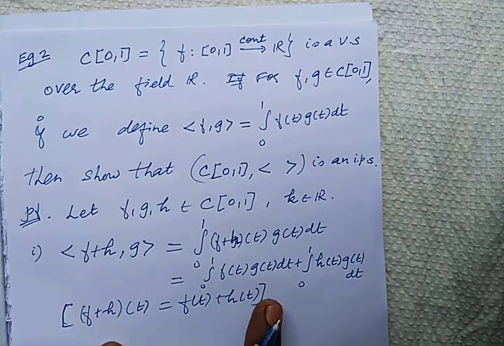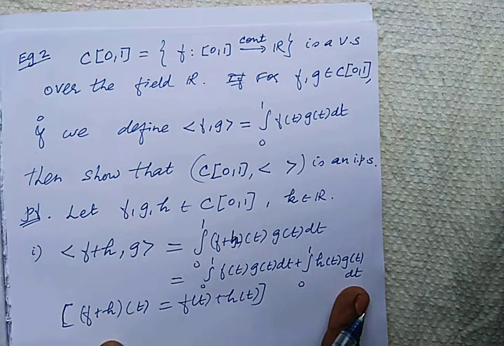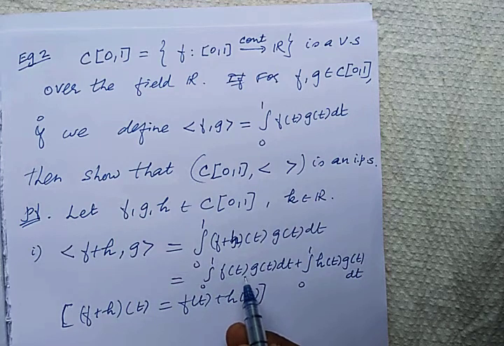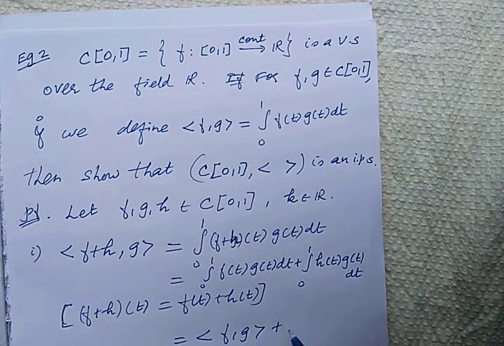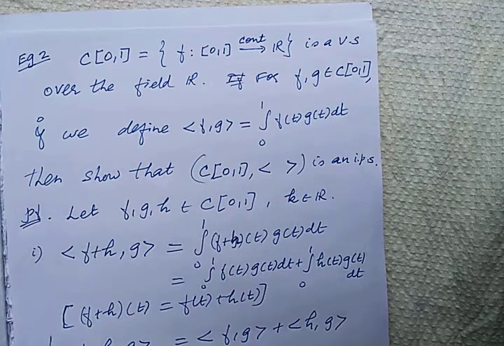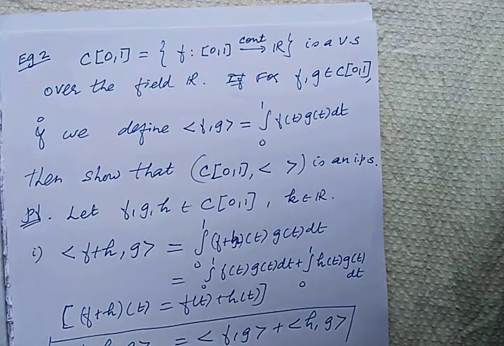You all know this integration can be split. This is equal to the inner product of f comma g plus the inner product of h comma g. So we have shown the first condition: the inner product of f plus h comma g is equal to this. The first condition holds.